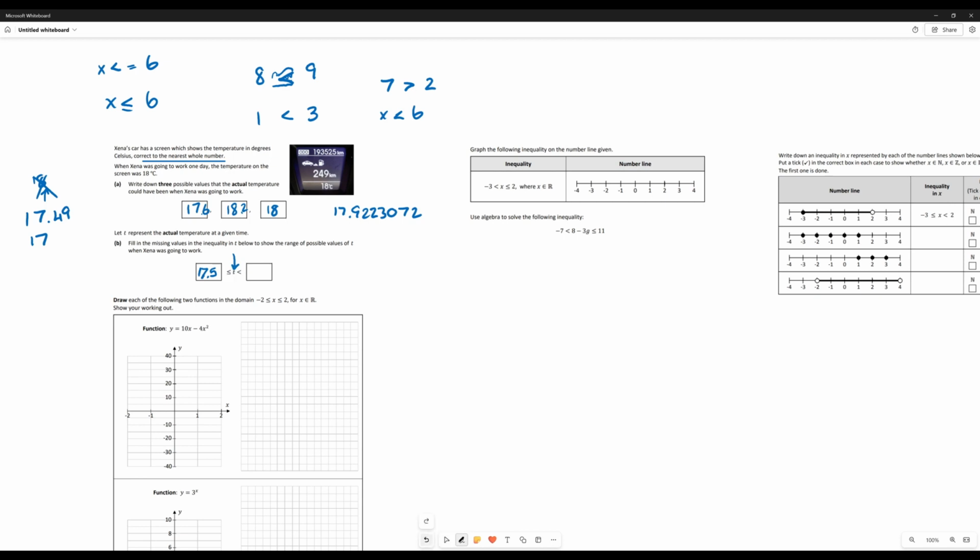So it means it can be 17.5 or T can be bigger than 17.5. So it could be 17.5 or 17.6 or 17.7 or 17.8 all the way up to infinity, right? If I wrote 17.5 is less than or equal to T, I'm saying T could be 17.5 or T could be 17.6 or T could be 17.7.